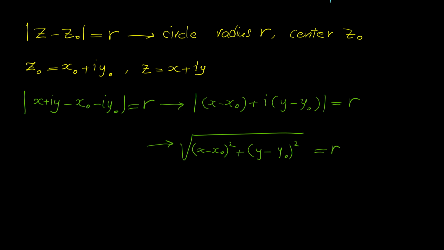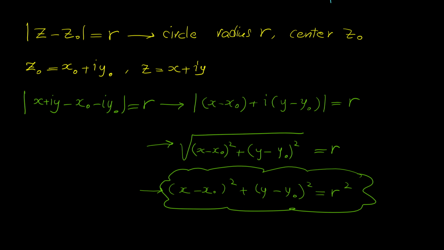Now, raise both sides of this equation to the power of 2. Then we have x minus x0 to the 2 plus y minus y0 to the 2 equals r to the 2.